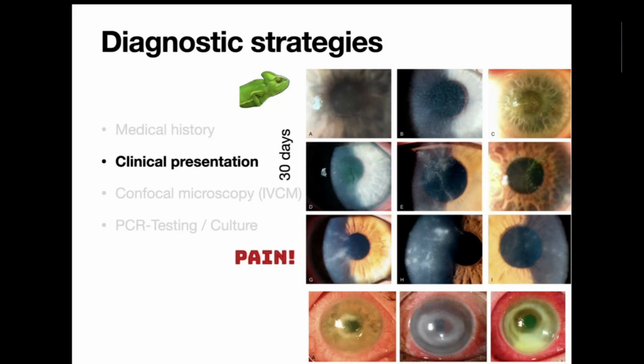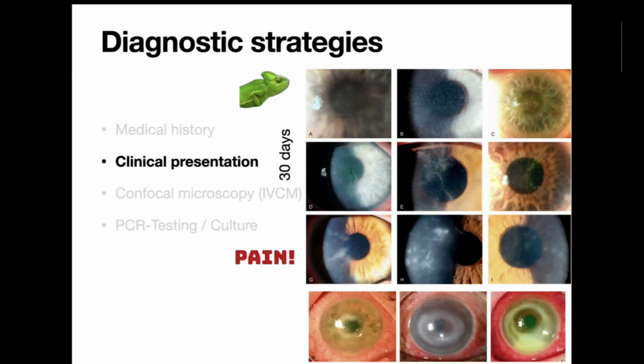But if you follow the patient closely and you see that the antiviral treatment does not help and lubricants do not help, it's always the red eye in this stage that is a key feature. It's more red than you would suspect from dry eye alone.